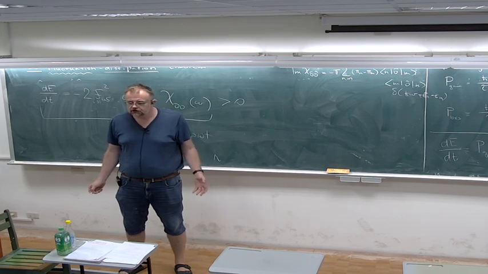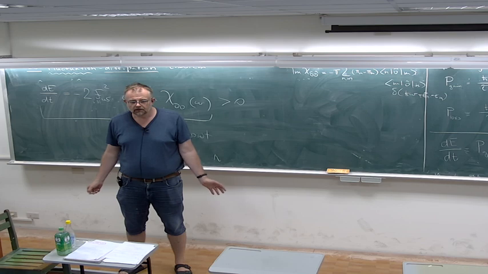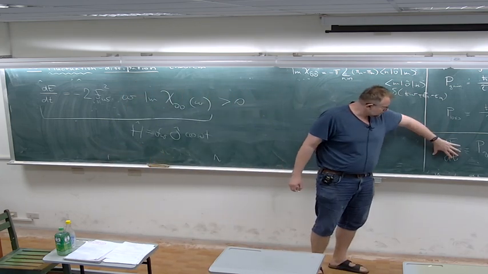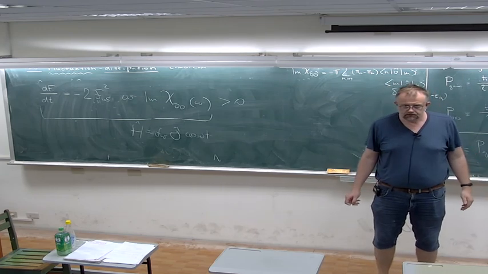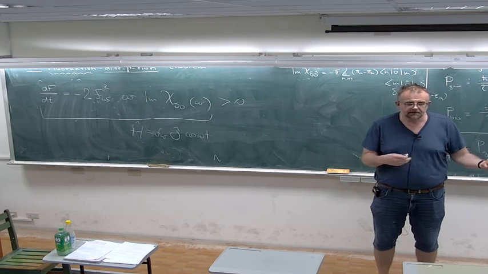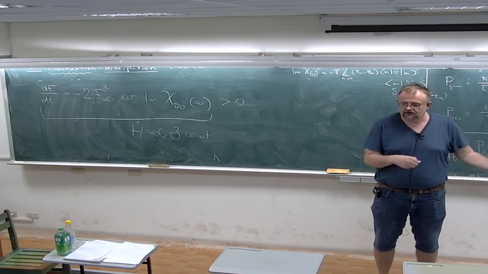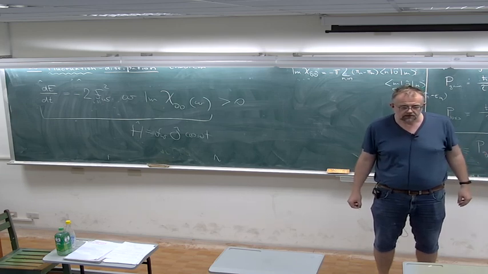The total energy of the system in time is growing. That's what we showed. So the total energy as a function of time is growing. We see the system is absorbing the energy, so the perturbation is losing energy. If you want to keep the perturbation, you need to feed it with a battery, or you need to drive the system to be in the perturbative regime. Did you get it?